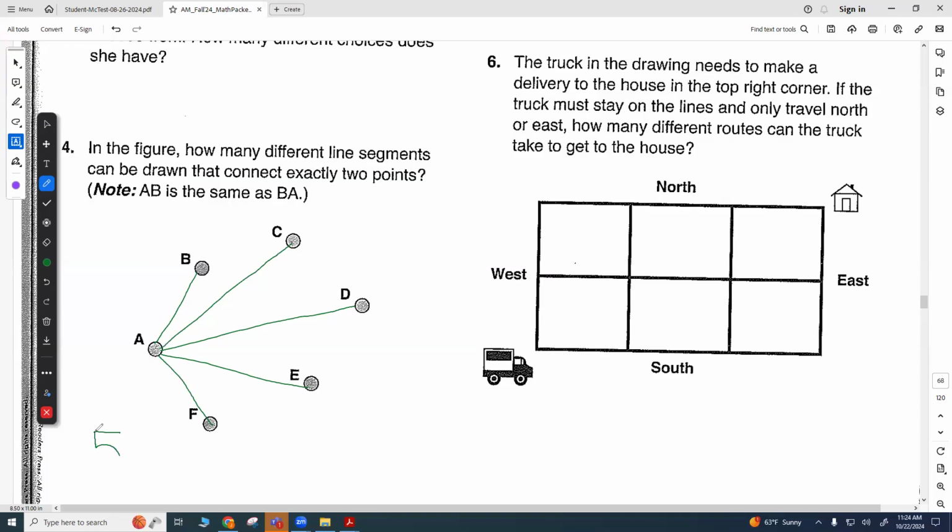So with point A, I can make 5 connections. And then the pattern, hopefully you notice, I already have my A-B, so now when I connect B, I can only connect it to the remaining 4 dots since I'm already connected to A.